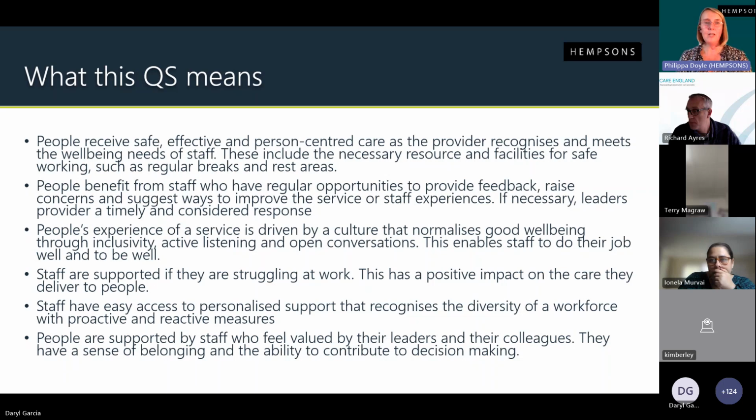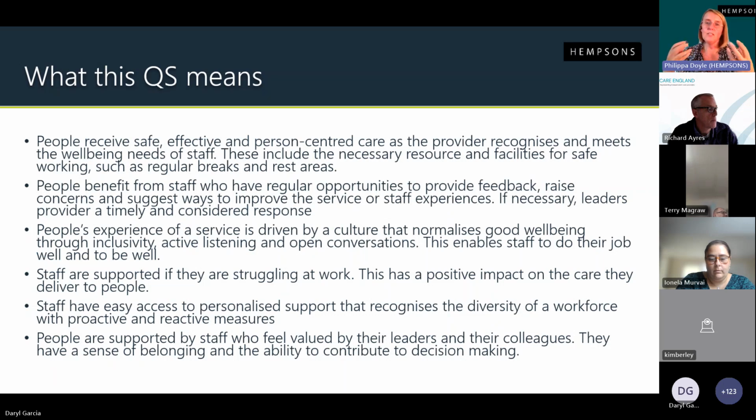That the people that you're working with are benefiting from staff who've got regular opportunities to provide feedback, raise concerns, and suggest ways to improve the service or staff experiences. And if necessary, leaders are then also providing a timely and considered response. So one of the things that CQC are really focusing on at the moment is feedback, not just from people who use the service, not just from their families, but also from staff.